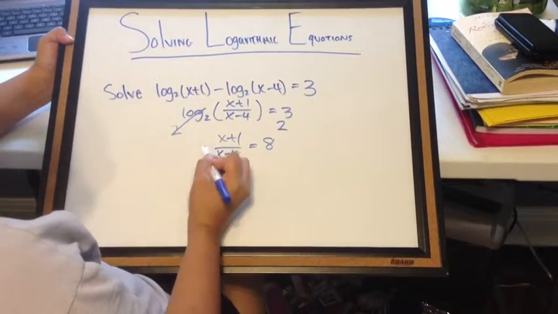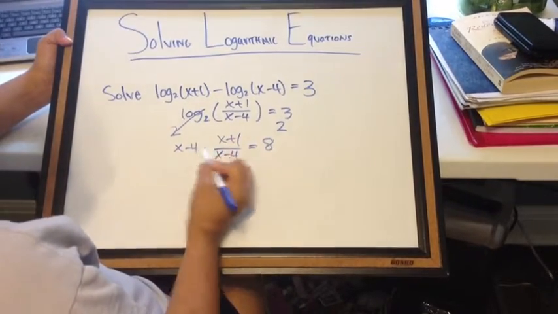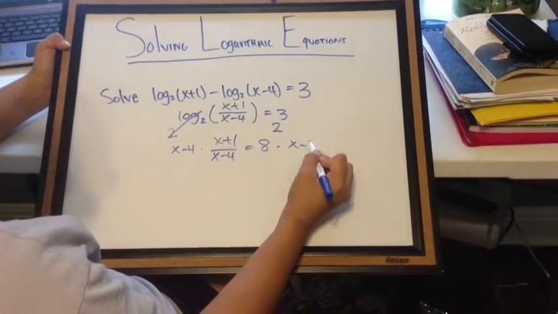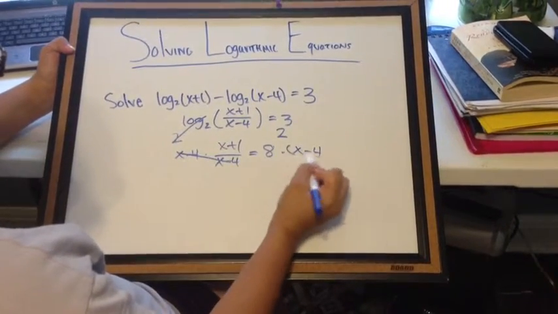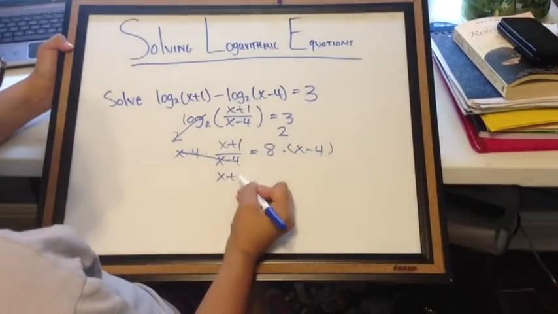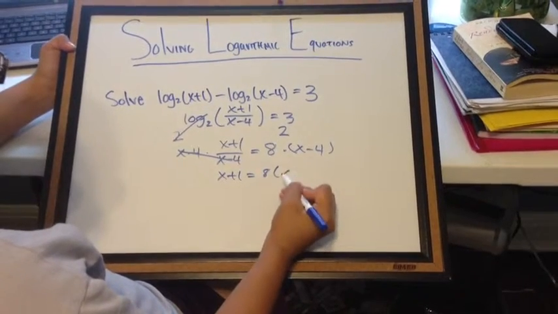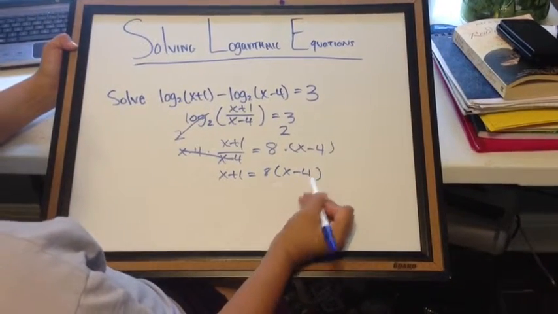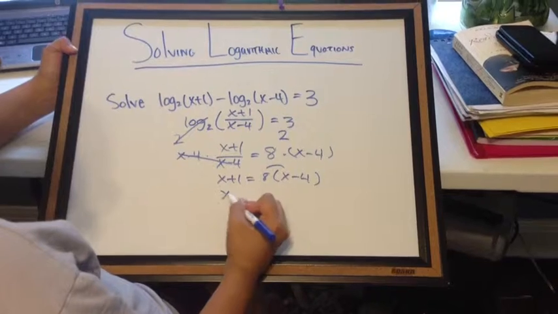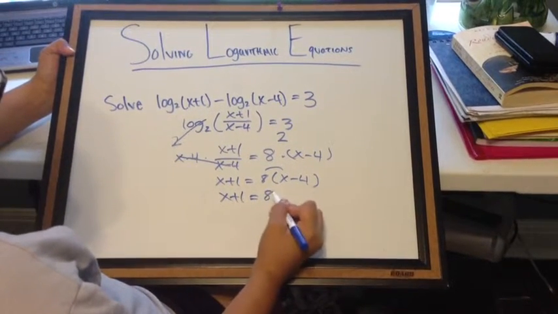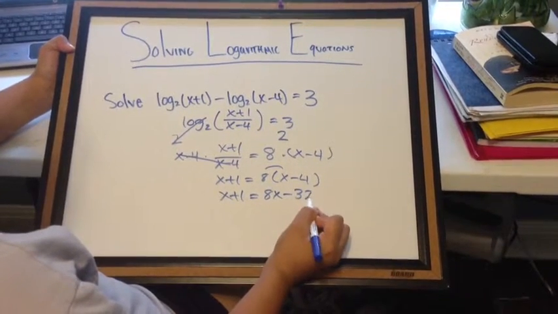And we multiply each side by x minus 4. And this will cancel out on that side. So we're left with x plus 1 equals 8 times x minus 4. Now we distribute the 8, and we write that 8x minus 32.